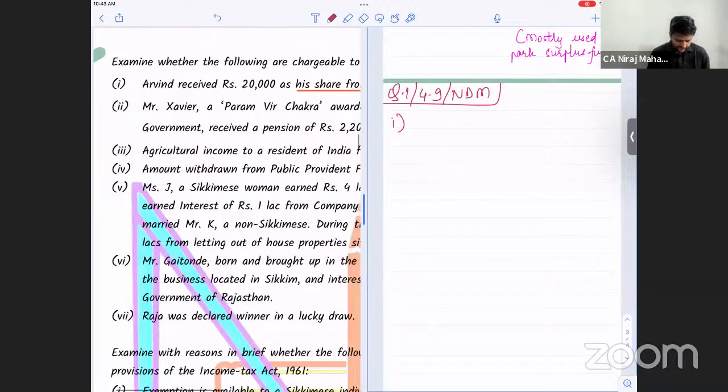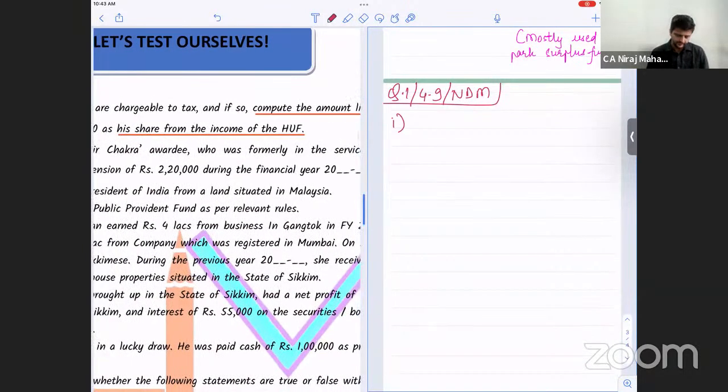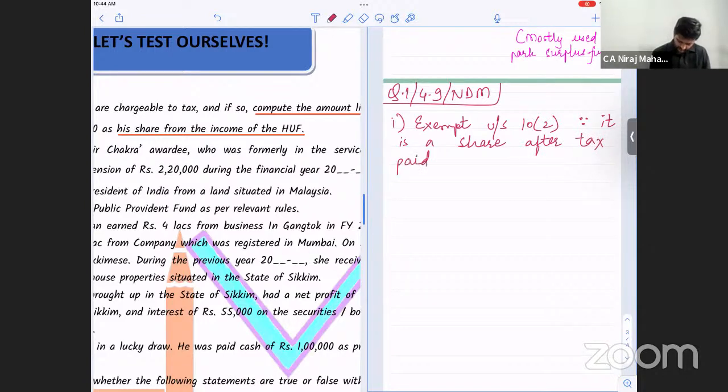So Arvind received his share from family income of HUF. Correct? So write down exempt. Exempt under section 10(2), since it is a share after tax paid by HUF.